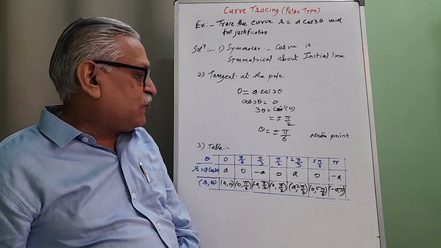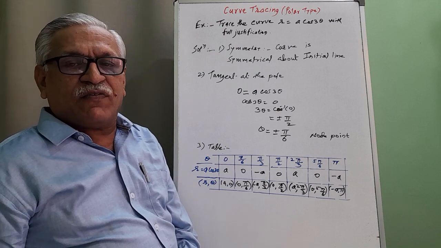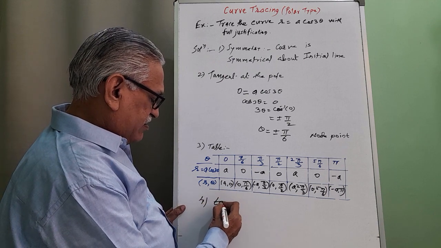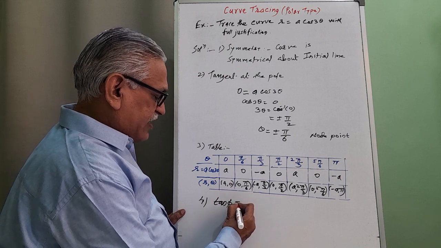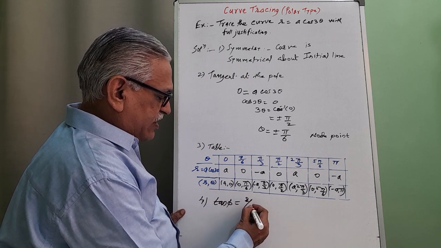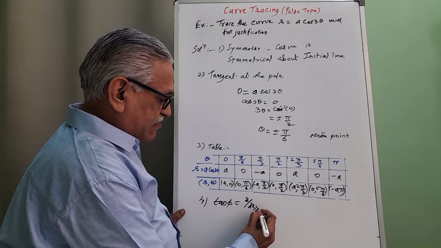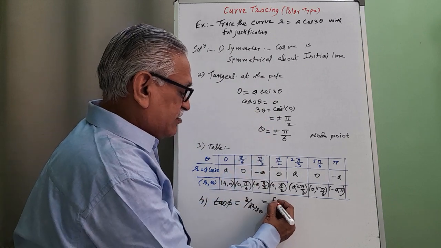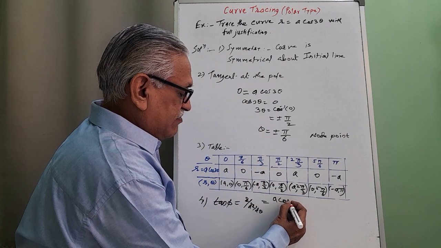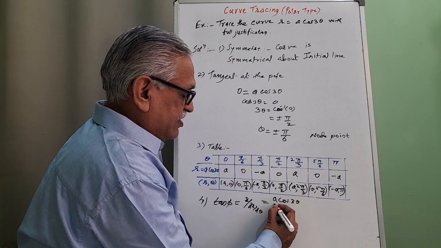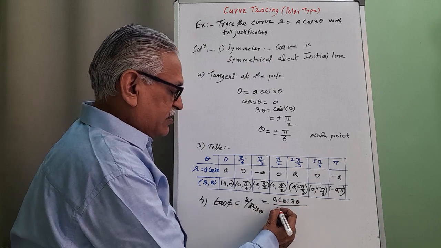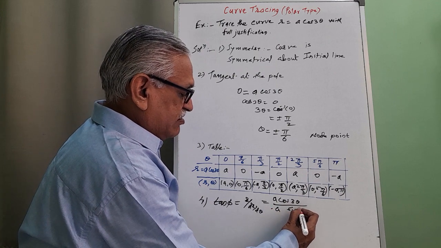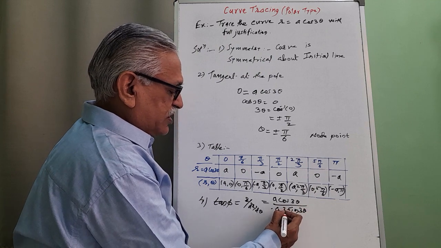Then the fourth and last point, we require to find the value of tan φ. The fourth point is tan φ, where φ is the angle between the radius vector and the tangent, given by r divided by dr/dθ. Here r is a cos 3θ. Differentiating with respect to θ, the derivative of cos is −sin of 3θ, by chain rule into 3.